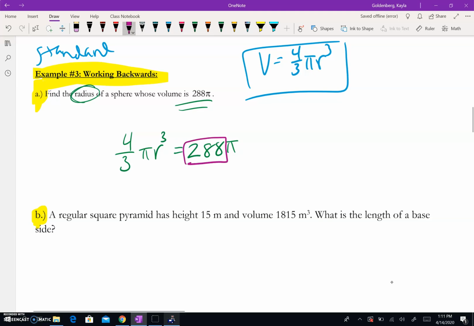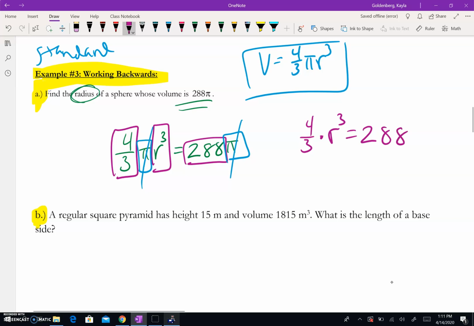So let's see, that's just plain numbers. That's going to represent this part, which is a plain number, and normally we have a radius, which is just a plain number. And the pi is kind of matched here, so we can ignore the pi. So I know that 4/3 times the radius cubed is equal to 288. We want to think about this kind of like undoing, right? We're solving.